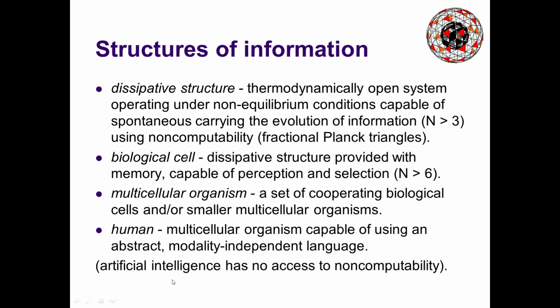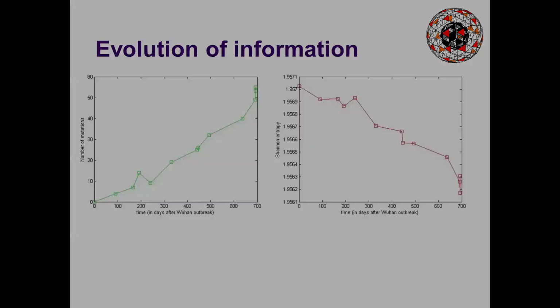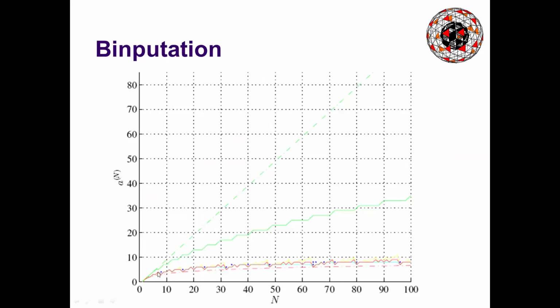And by very definition, artificial intelligence has no access to non-computability because they are Turing machines and they can only operate in bits, which also brings an interesting question of these curves being continuous, not discrete.